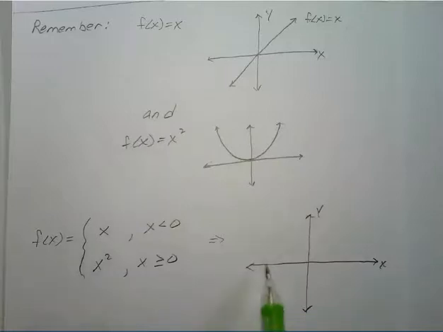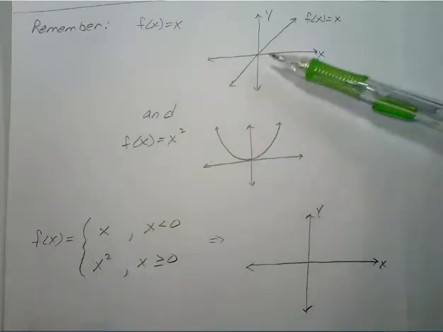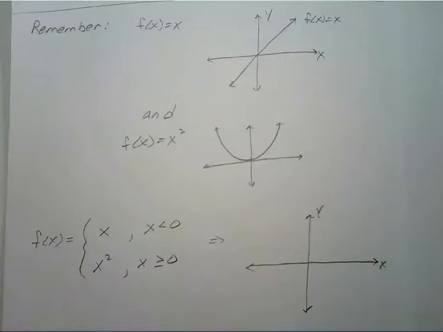Remember, this is x equals 0, with negative numbers and positive numbers for x. For x less than 0, f of x equals x. So let me get a piece of paper to cover that up.